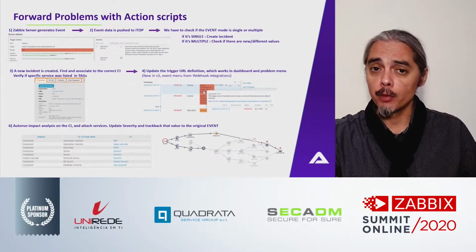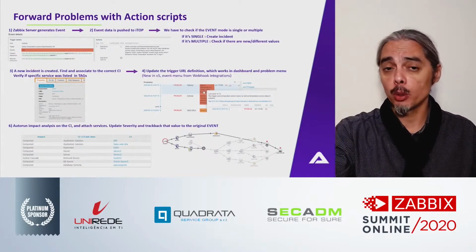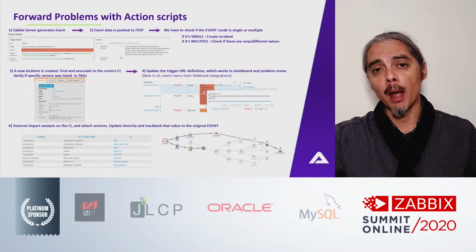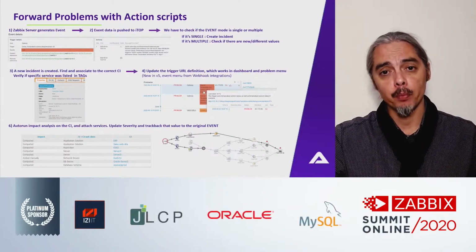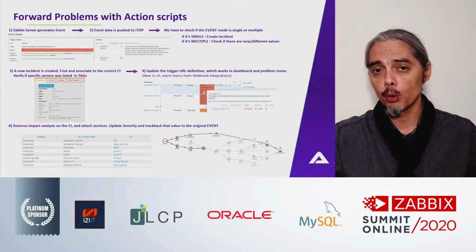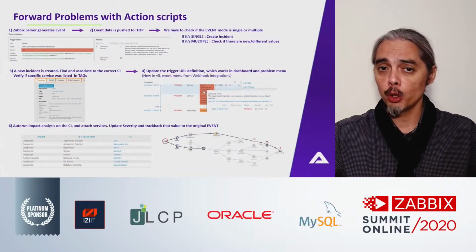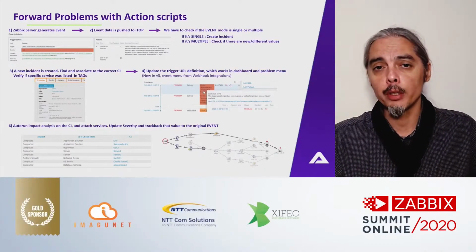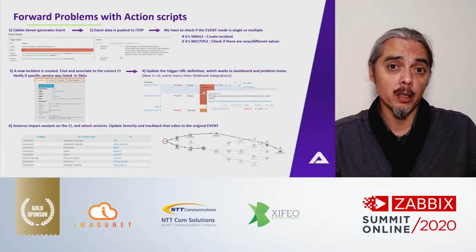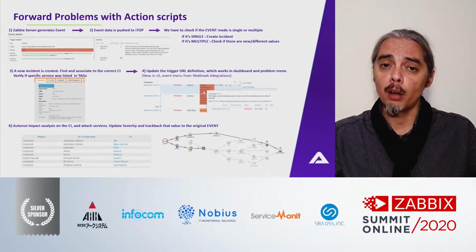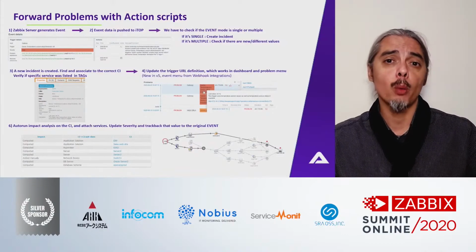At that point, if the trigger had a specific service tag that was designated, we use that service tag to map the incident directly to the service. Once the ticket is created, we find the ticket information, and we choose to put that in the trigger URL definition, which gets logged as a comment in the event, and which will allow you from the dashboard to be one click away from the incident.